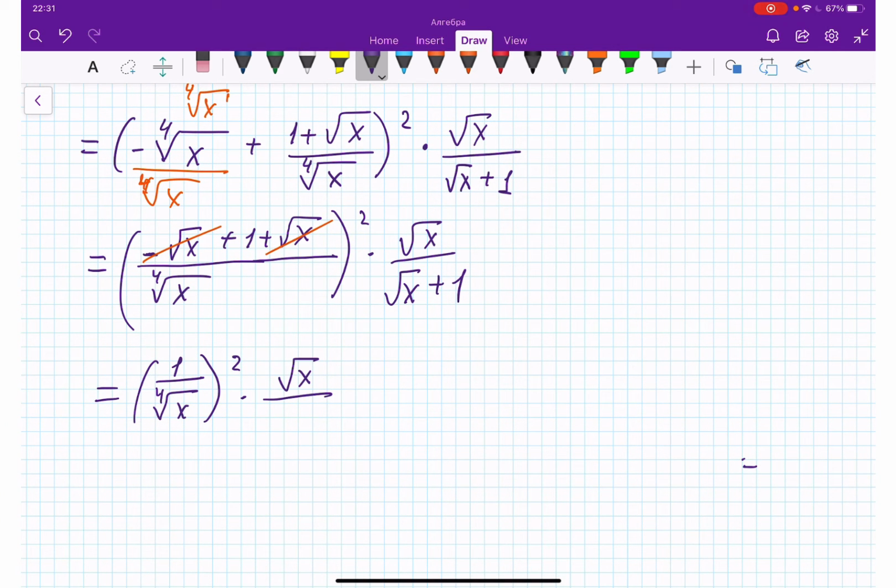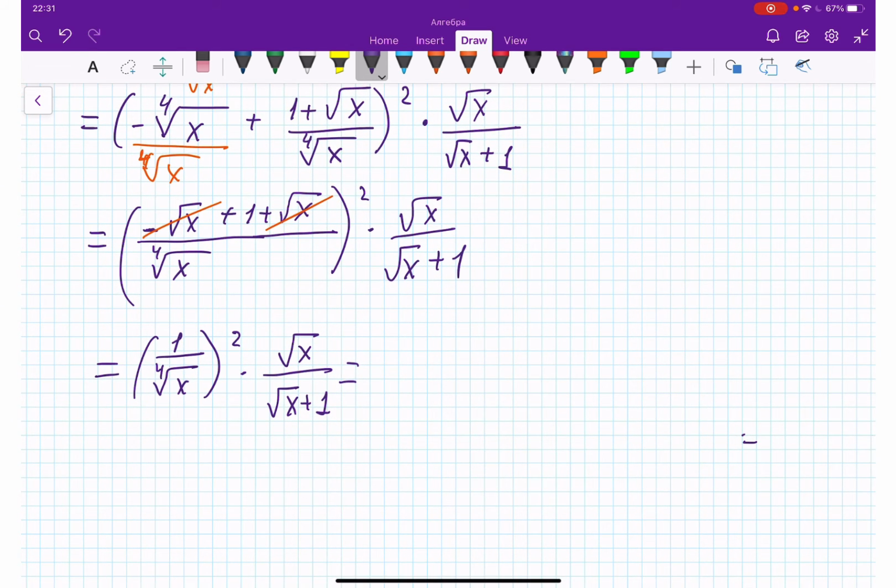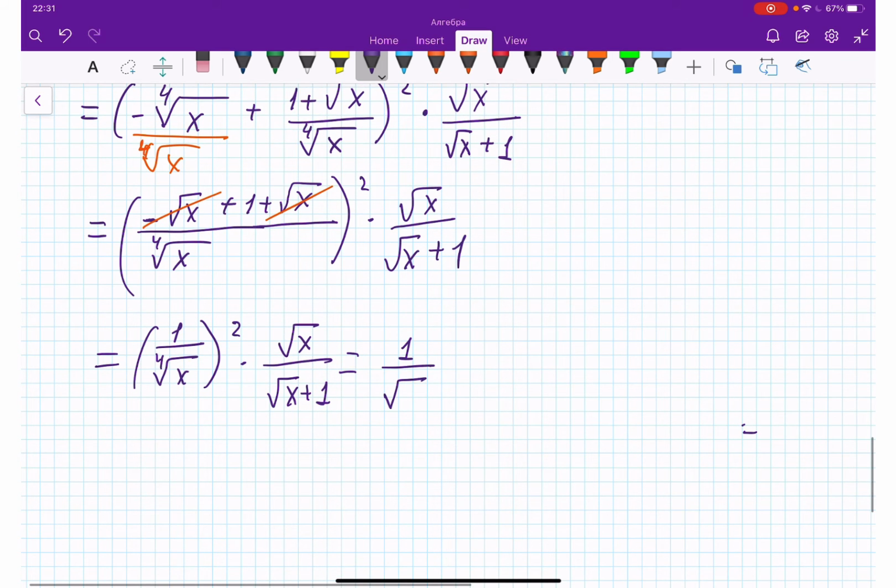square root of x over square root of x plus 1 from here. So if I distribute this square on the first parenthesis, we are getting 1 squared is going to be 1. Radical degree 4, if I raise to power 2, I will get square root of x, right? I already went through drafting here about a minute ago.